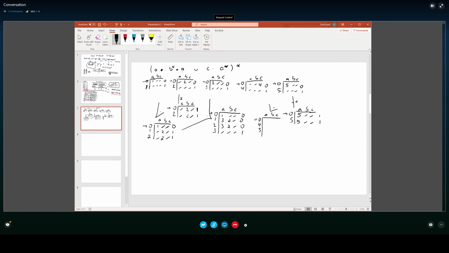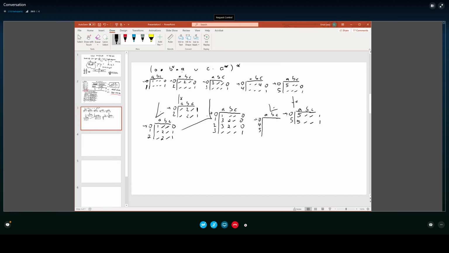3 is accepting, so we take the union of that row with the initial row, so this is nothing, nothing, nothing, union 1, nothing, 4, which is 1, nothing, 4. And then 4 is accepting, so we take the union of 5, nothing, nothing with 1, nothing, 4, which is 1, 5, nothing, 4.